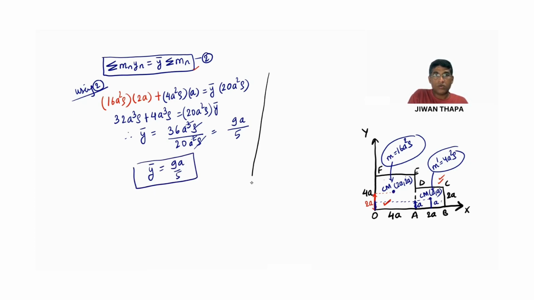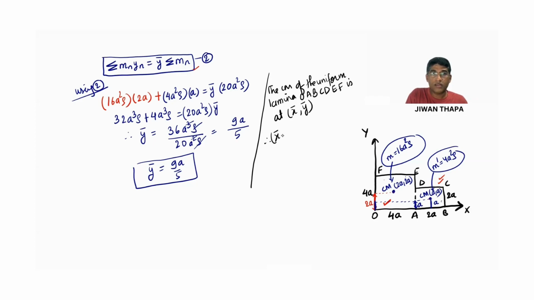So we can write the center of mass of the uniform lamina O, A, B, C, D, E, F is at, or we can write in this way, y dash.